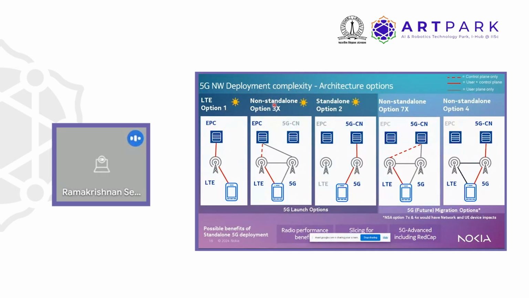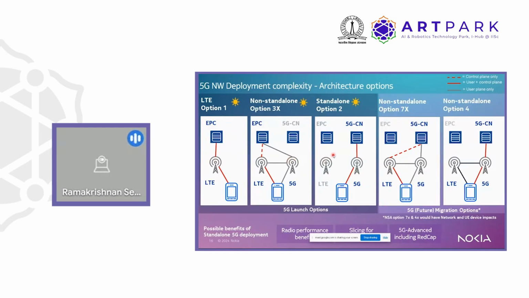So option 3X is non-standalone, which basically means that with my existing core infrastructure and existing radio infrastructure, with a slight add-on on the radio, I would be able to support 5G. Whereas 5G standalone indicated that I would have a dedicated network, irrespective of what my 4G status is. I would have a dedicated layer only for 5G. Right. So these were the two launch options that were offered for different operators on mutual consensus.